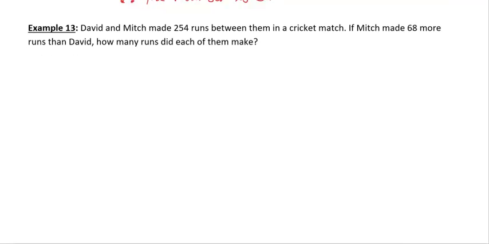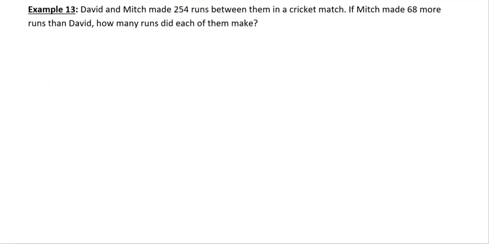Dave and Mitch made 254 runs between them in a cricket match. If Mitch made 68 more runs than David, how many runs did each of them make? Okay, so let R be the number of runs. It can't be the total number of runs because we know what that is.